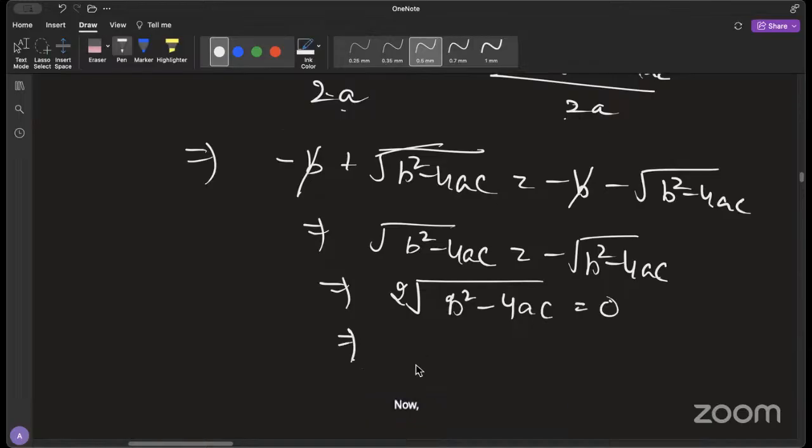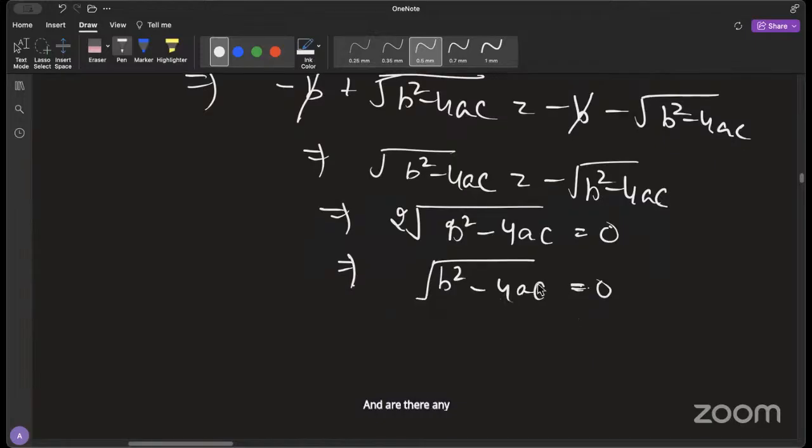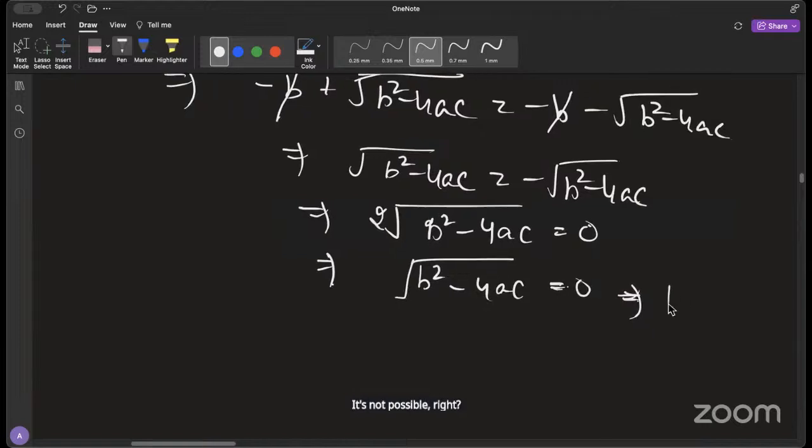Now this should mean your square root of b square minus 4ac is 0.